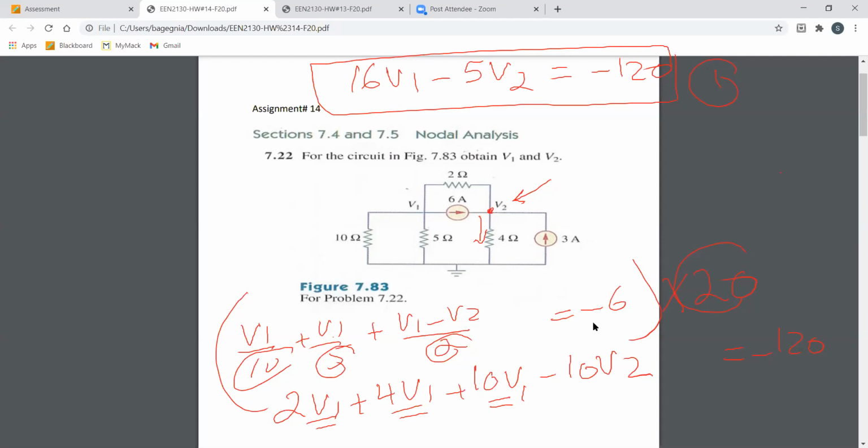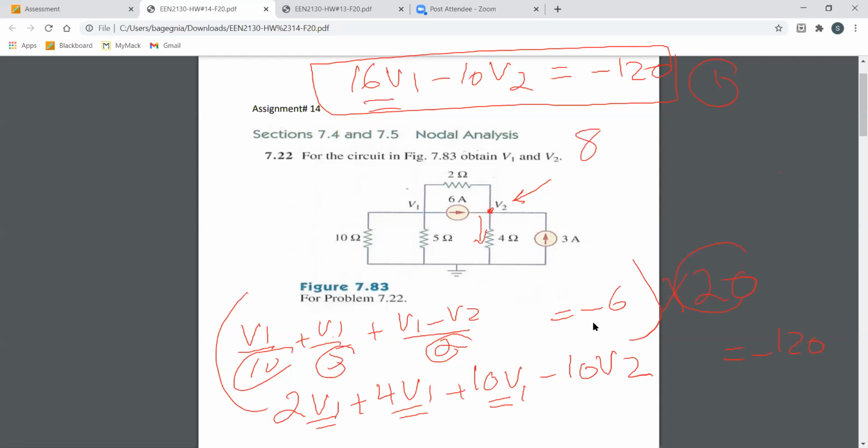The V2 will become negative 10. We could simplify the equation by dividing by 2.